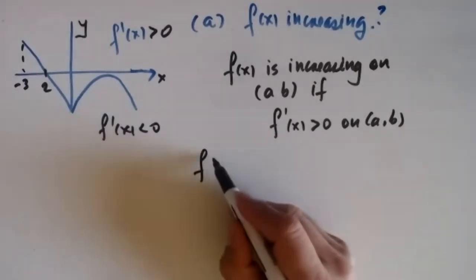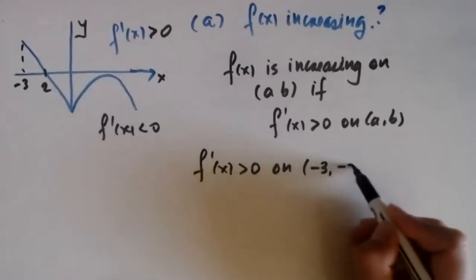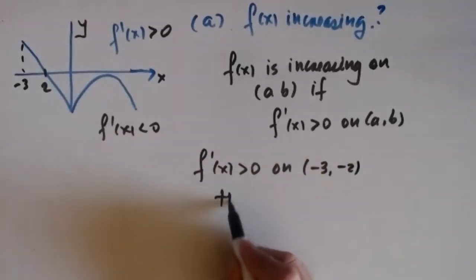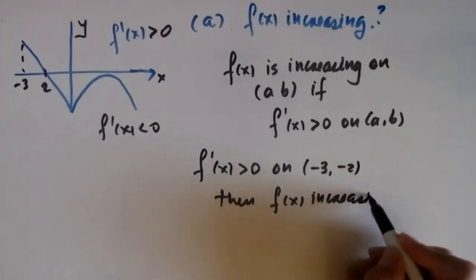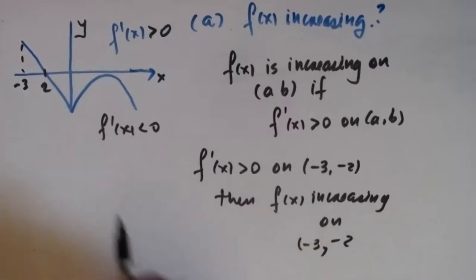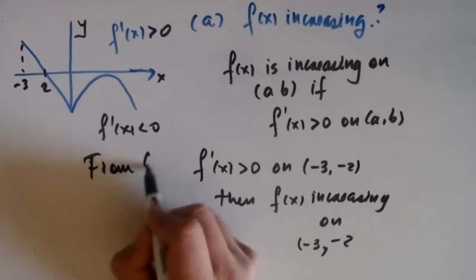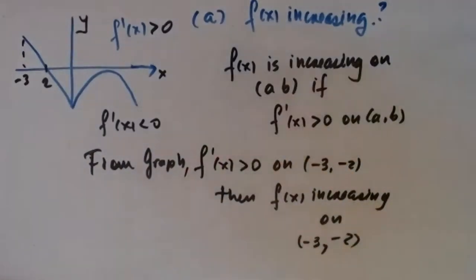So f prime of x is positive on (-3, -2), this interval. Then f of x is increasing on (-3, -2), correct? Here you can write "from graph." From graph, f prime is positive on (-3, -2), then f is increasing on (-3, -2). Not difficult, right? Very simple.